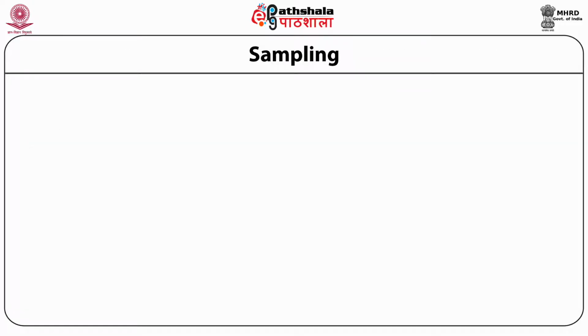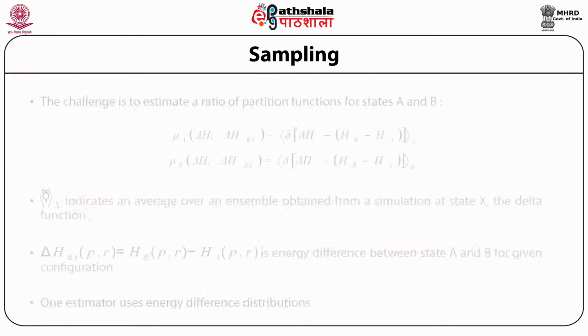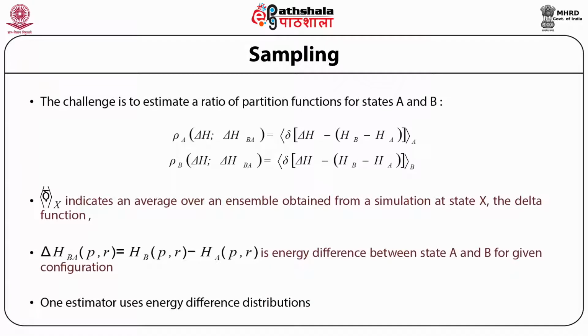Now, where is the challenge? The challenge is sampling, that is, how easily we can sample. As you see from these two expressions written on the top, we should estimate delta F_BA across all the states.